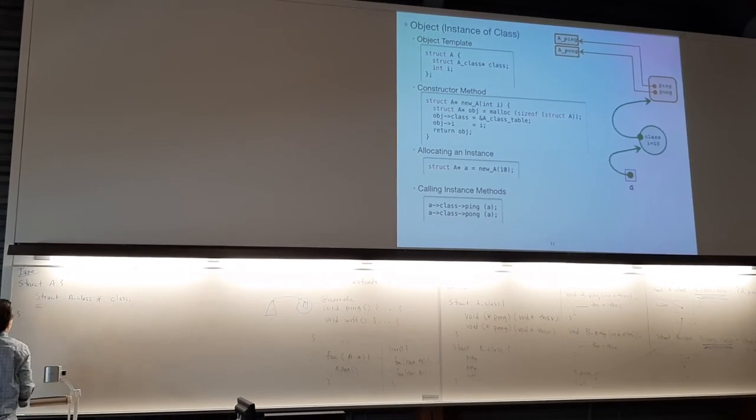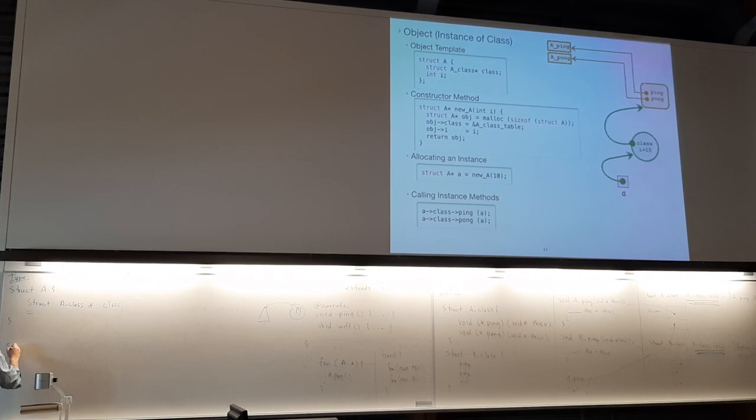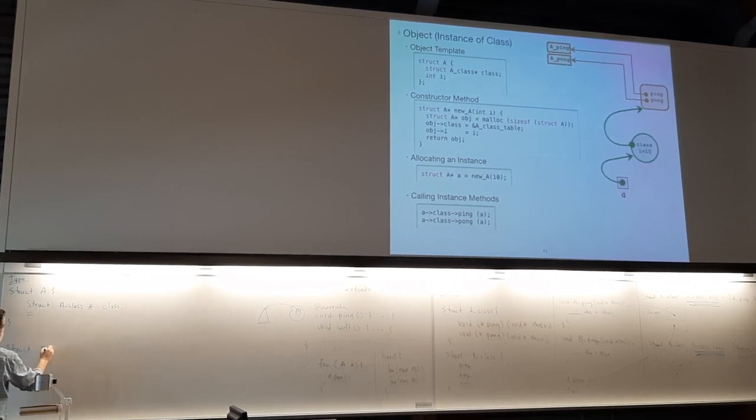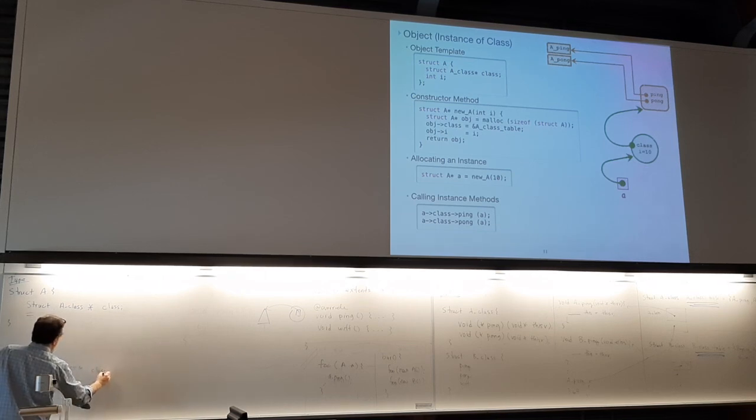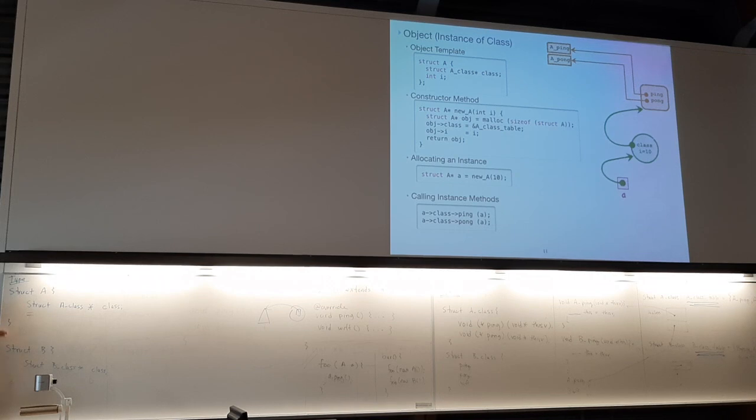And then the instance variables would be listed here. Same thing for B. And every other instance of every other class is all going to have a variable name class at the very beginning that will point to its class. So I can depend upon that. I can take something to struct B and cast it to a struct A. And they're both going to have class in it, and I'll use them. They'll just be different types.